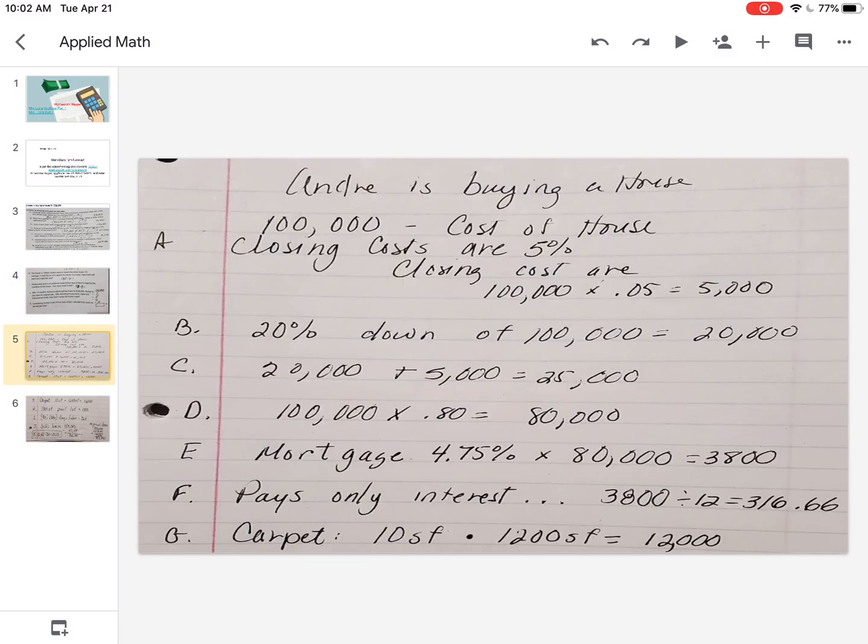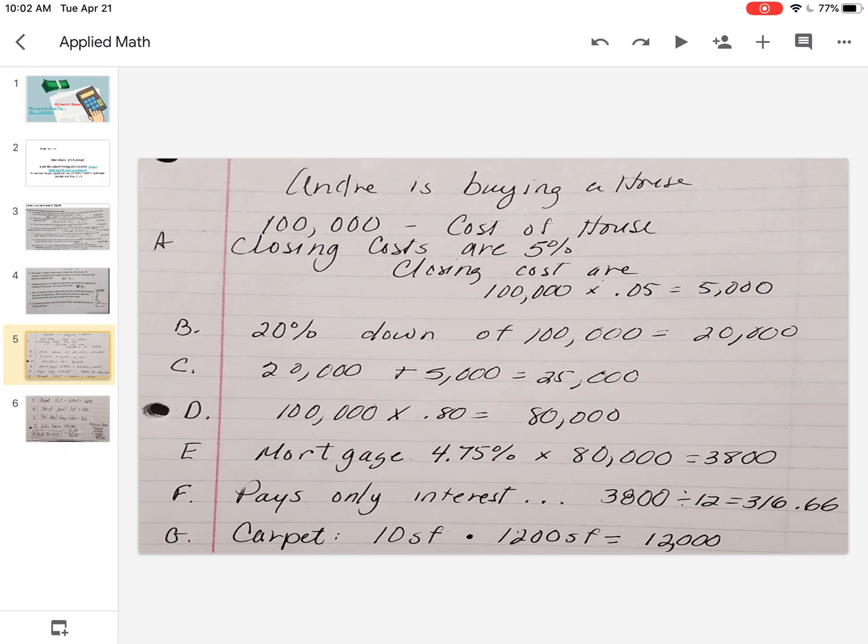So here's an example. I use different numbers so you can see. If he bought the house at $100,000, that was the cost of the house. His closing costs are 5%, so 100,000 times 0.05 equals 5,000. That's his closing cost. B, 20% down of 100,000 is 20,000.